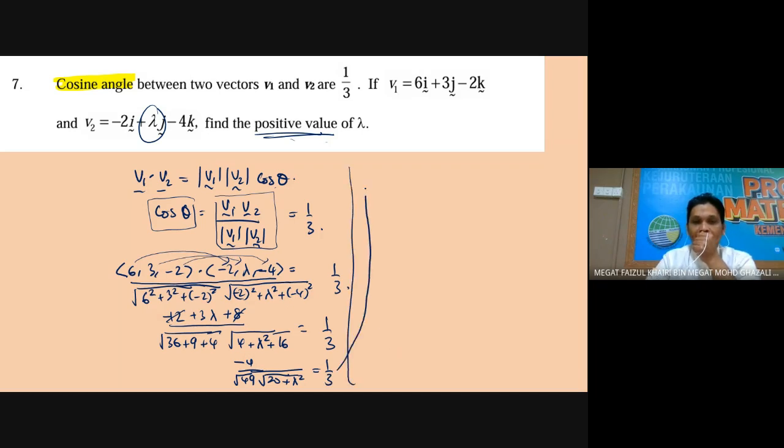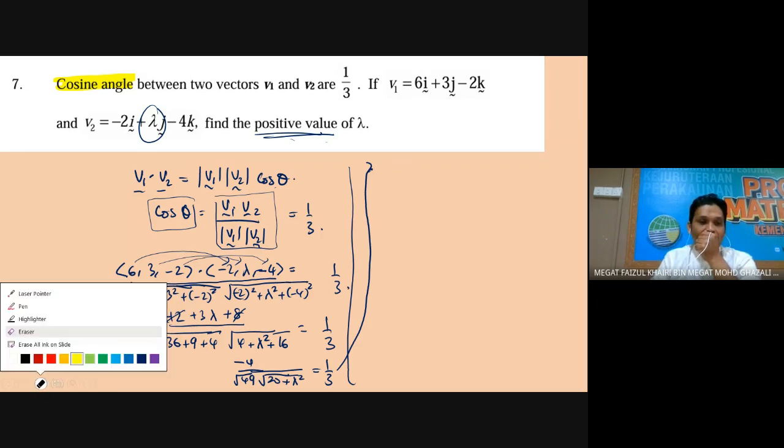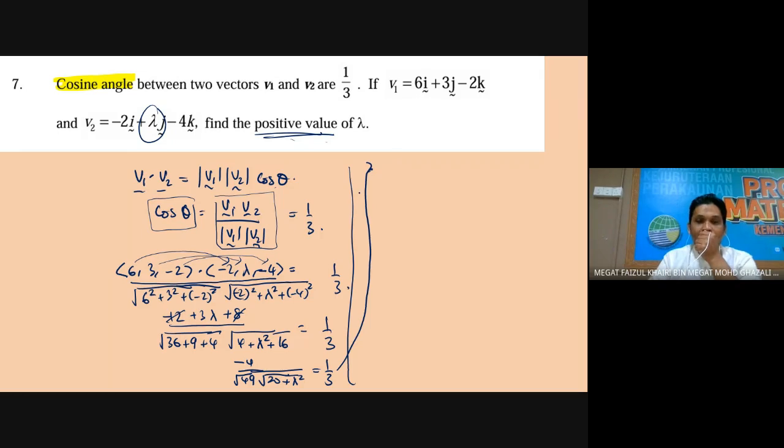Okay, so now, sorry. Okay, so we got negative 4 divided by square root of 49 and square root of 20 plus lambda squared equals 1 third.